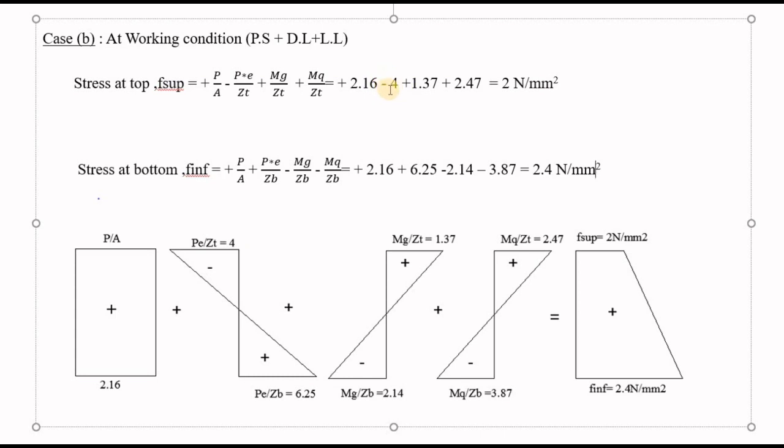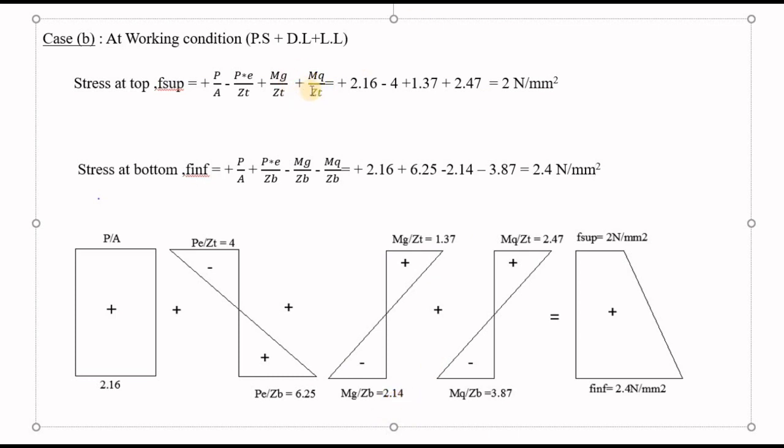For the top layer we had got minus 4, so I have written the variation towards the left, and the value is 4. At the bottom it is plus, so here I have written plus 6.25. The next one is Mg by Zt, Mg by Zb. The Mg by Zt is plus 1.37, so plus will come this side. At the bottom it is minus 2.14.